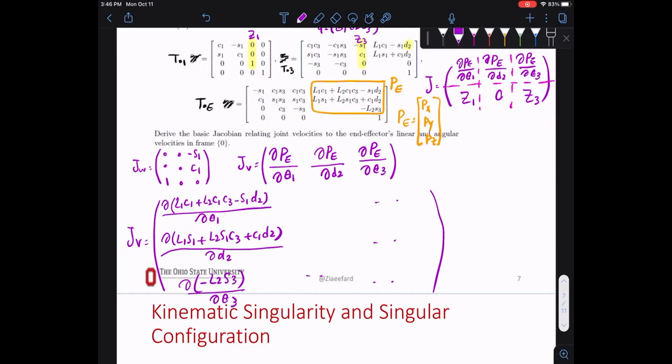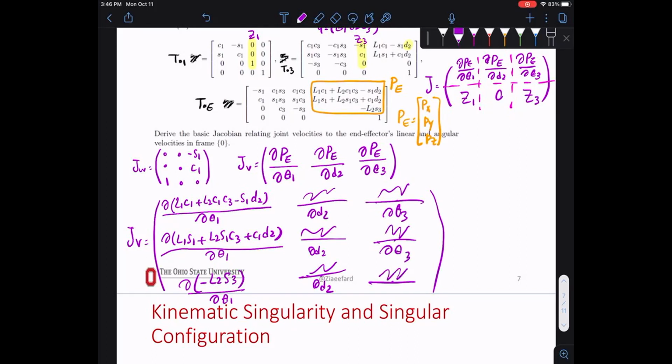Now copy over, just change the variable. Do it wrong again. Theta 1, sorry, theta 1, and then this is going to be D2, D2, D2. Same things, and then same things. Theta 3, theta 3, theta 3.